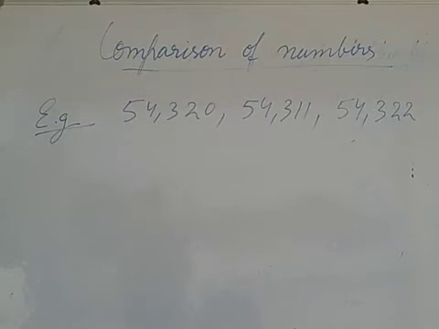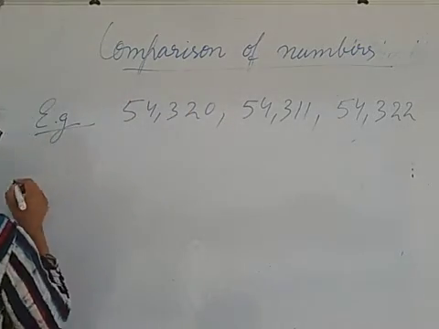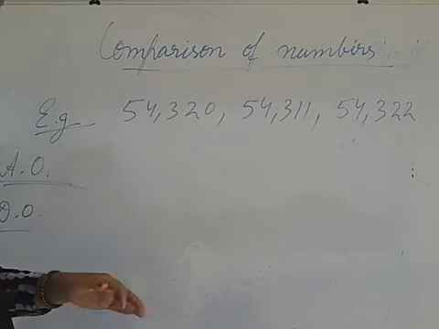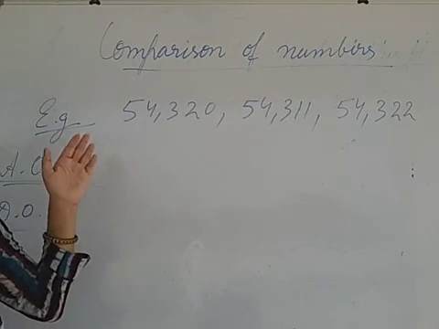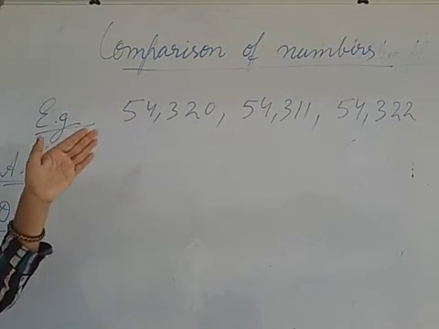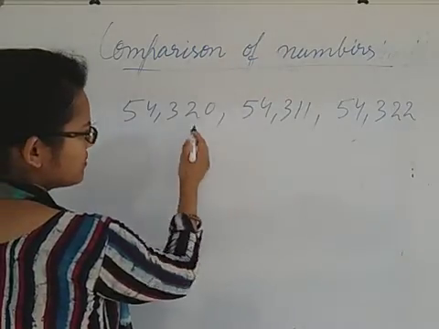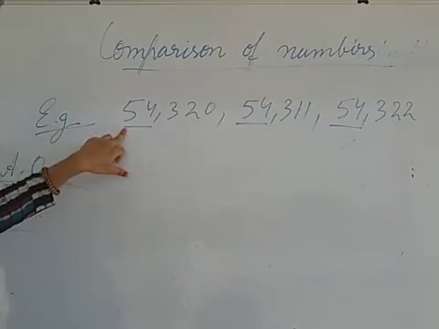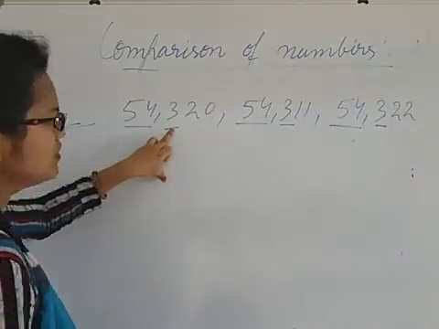So let us take one example. Arrange these numbers first in ascending order and second in descending order. For arranging the numbers in ascending order, we need to write these numbers from smaller to greater, means in increasing order. So which one is the smallest one? Here in all the numbers 54,000 is there, then 3 is present in all the hundreds places.